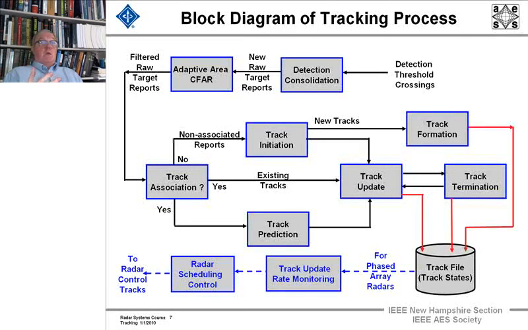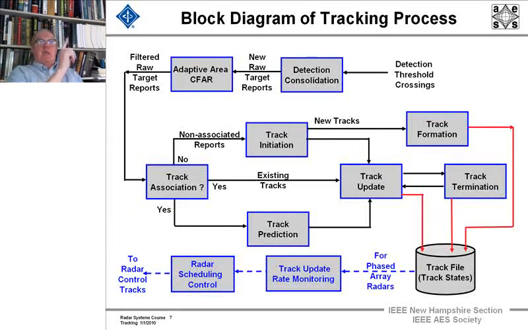You detect the target in range, azimuth, Doppler space, and what you want to do is consolidate them into one point, which characterizes the location of that point in range and azimuth and elevation and observable space at a given time, amplitude, and it can also give you a quality.